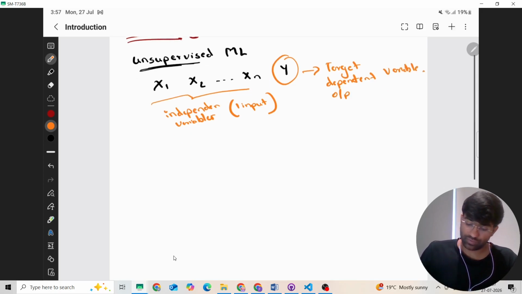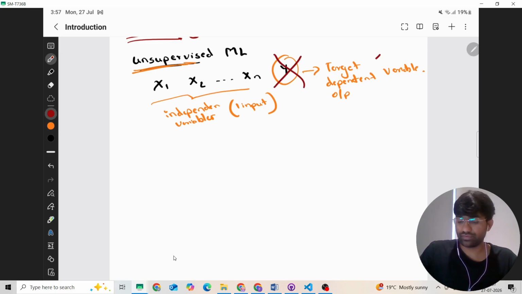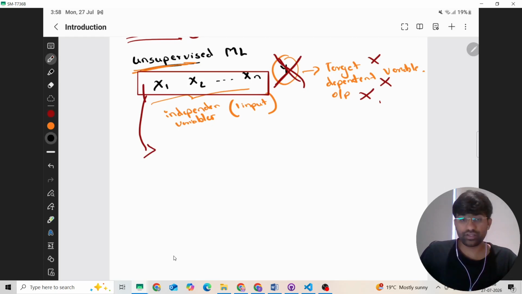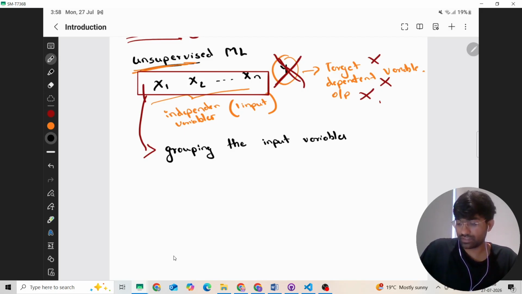But in the unsupervised machine learning algorithm, we don't have the y. That is, we don't have the target variable. There is no y. There are only input variables, only x variables. So grouping these input variables, these independent variables, is known as clustering.